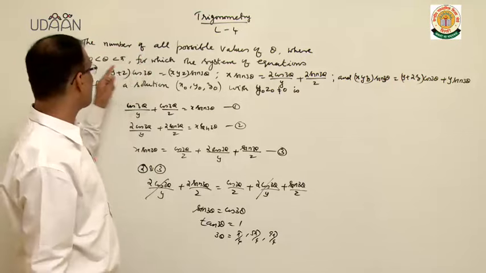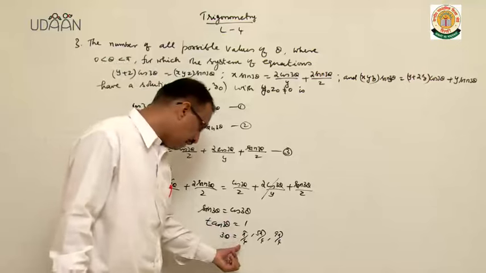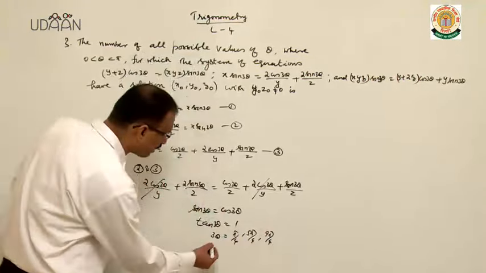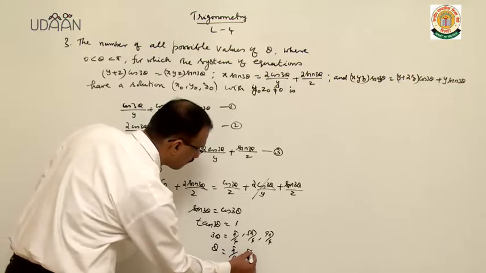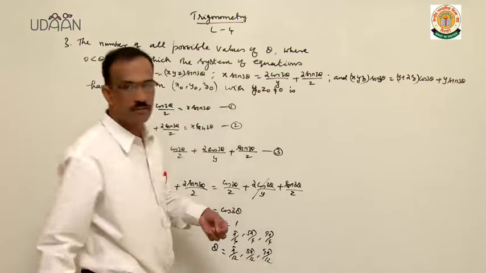So 3 theta will lie between 0 to 3 pi. So therefore it will have pi by 4, 5 pi by 4, 9 pi by 4, or you can get theta equal to pi by 12, 5 pi by 12 and 9 pi by 12.